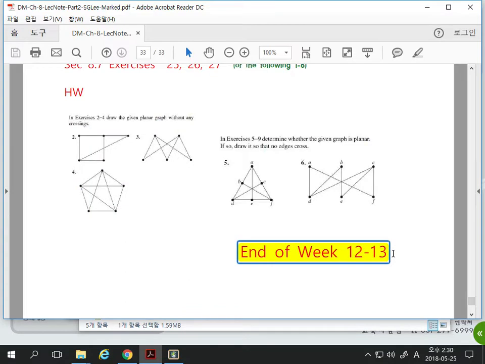So we now only have chapter 9 left, which is much simpler than the earlier part. Every problem that you have will be completed by the end of next week.